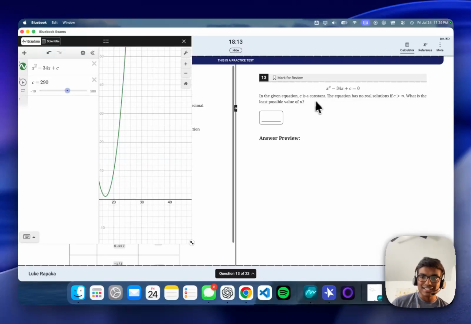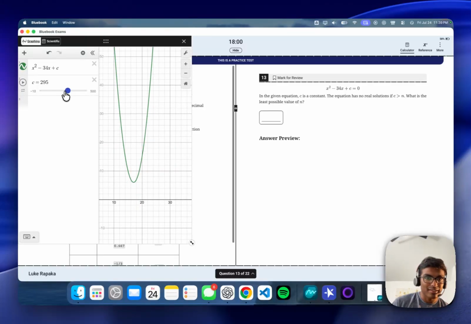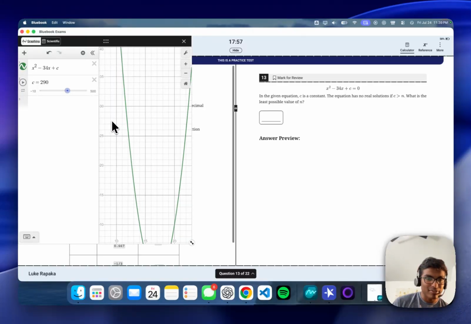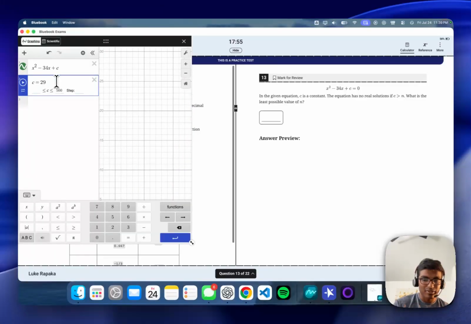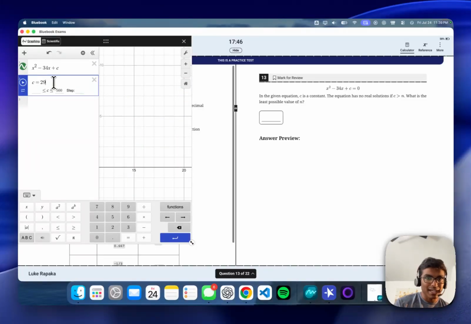So c is a constant. The equation has no real solutions if c is greater than n. So if c is 290, for example, actually, let's do 289. So 289, this has one solution. 290, this now has no solution. So anything above this 289, it doesn't have a solution, right?